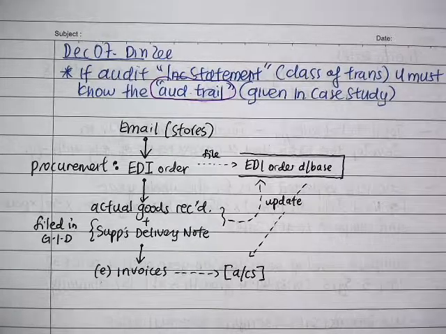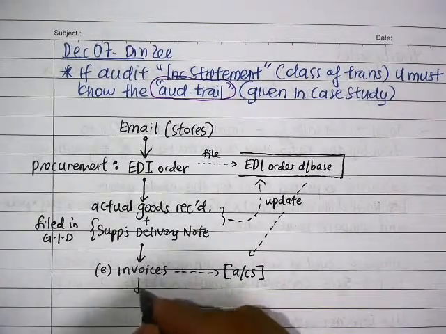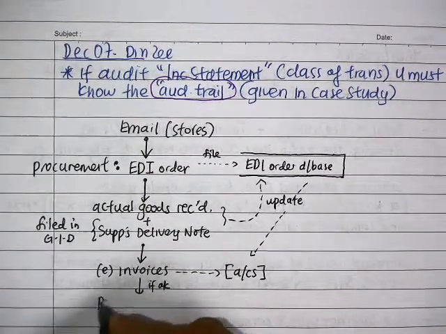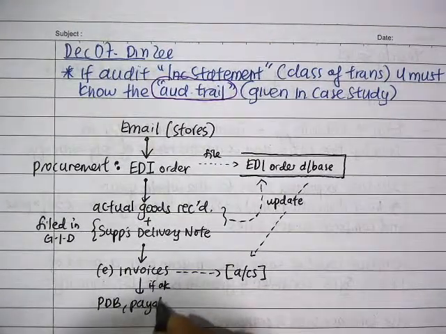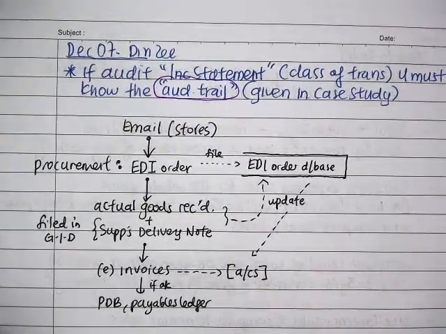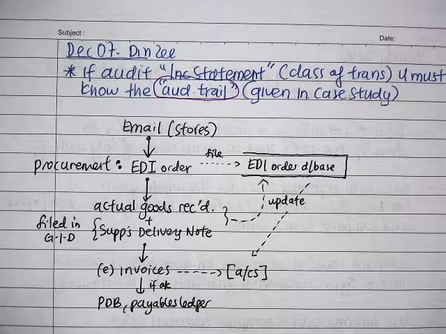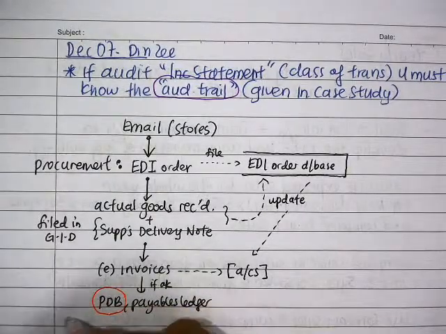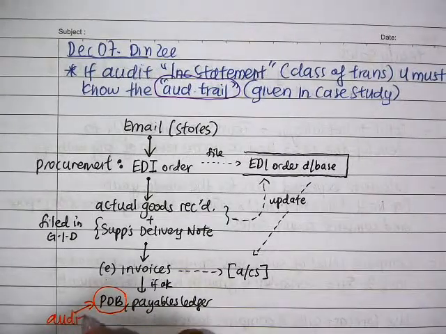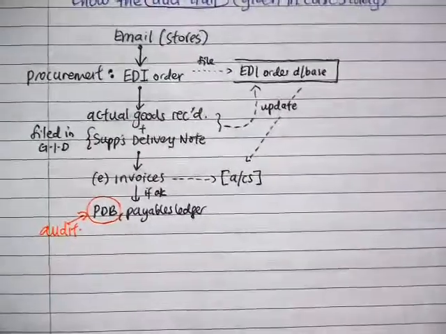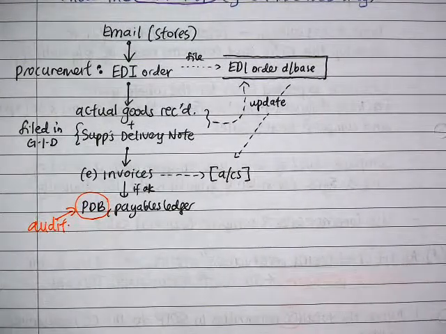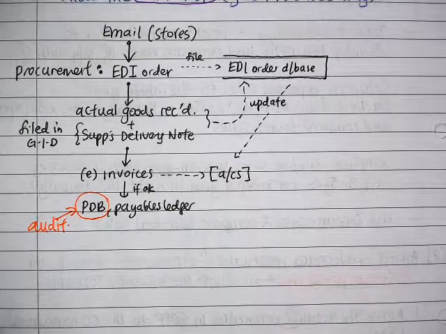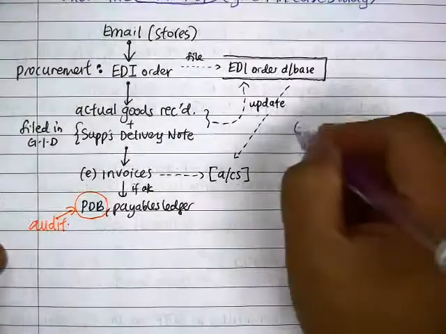If it matches, then they will update this to the purchases daybook and the payables ledger. Now you are auditing this because at the end of the day you want to make sure that whatever you purchase is not materially misstated. Now the question asks for 6 procedures.